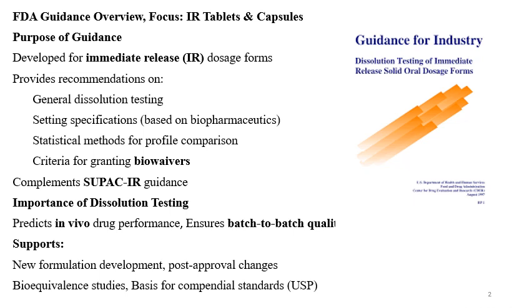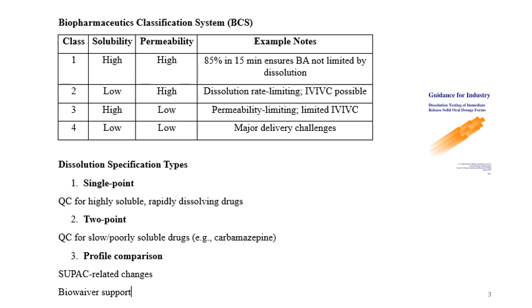Then, as per this guideline, the biopharmaceutics classification system is also considered. BCS class 1, 2, 3 and 4 are there based on the solubility and permeability of the drug molecules.